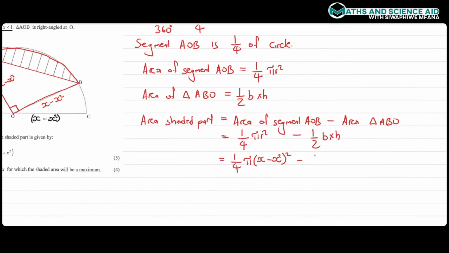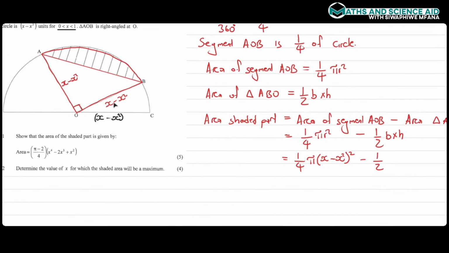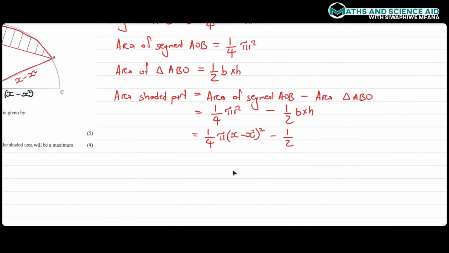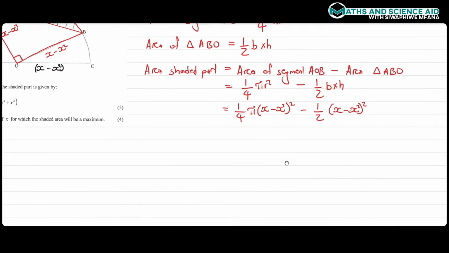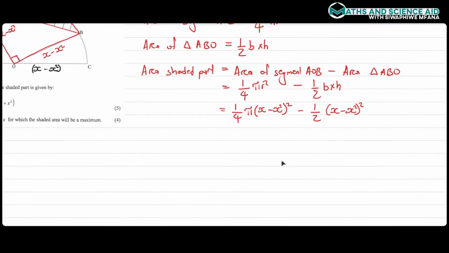And then the base, as you can see, in this right angled triangle, the base is x minus x squared and the height is x minus x squared. So overall here we'll just have x minus x squared all squared, because we'll be multiplying the same thing. So this is the resulting equation. Now we just need to find a way to simplify it.